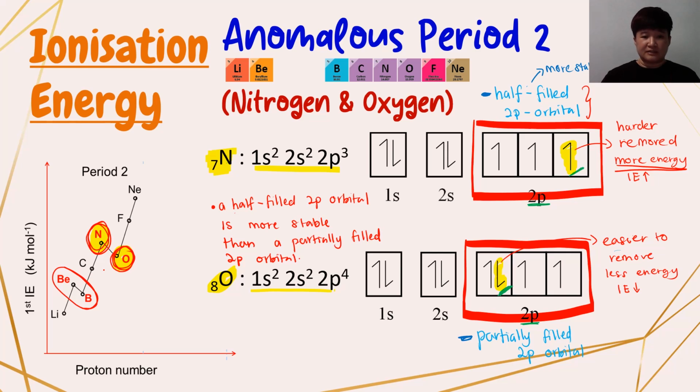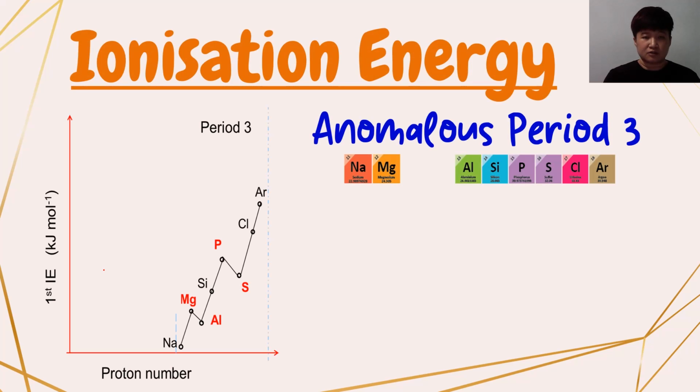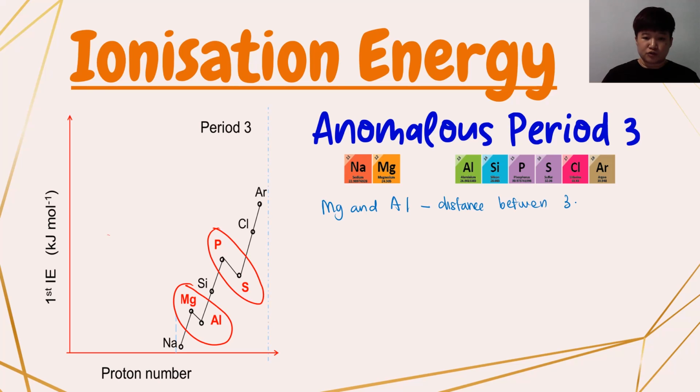But both of these will apply similarly to the anomalous behavior in period 3, magnesium and aluminium, and phosphorus and sulfur. So for magnesium and aluminium, we'll talk about the distance of the 3s orbital from the nucleus and also the 3p orbital from the nucleus.